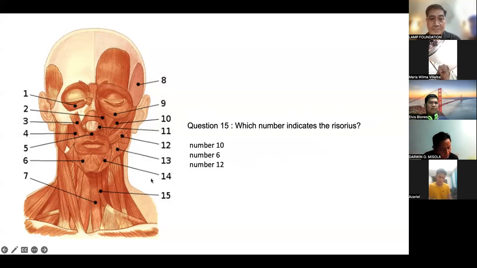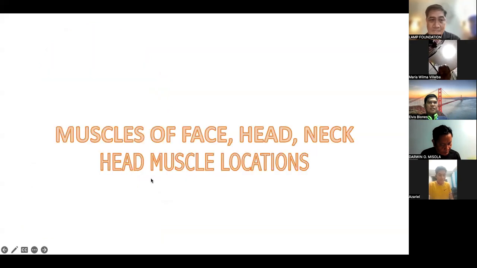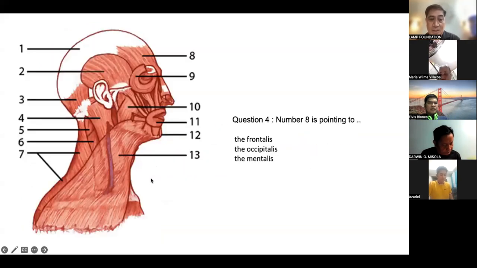Number 12. Number 1 is pointing to what? Number 1 is epicranial aponeurosis. The trapezius is indicated by number what? Number 7. Number 11 is pointing to what? Orbicularis oris. Number 8 is pointing to what? Number 8 is the frontalis.